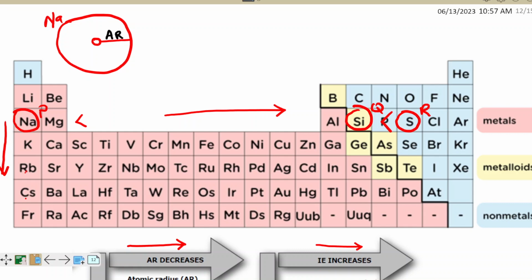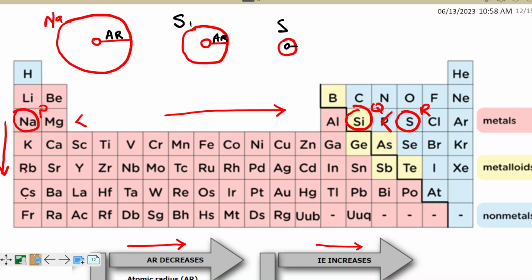It is very big. But now silicon is smaller than sodium. From here to there, it's very small. Then the one for sulfur is like this, which means from the nucleus to the outermost valence orbital is very small.